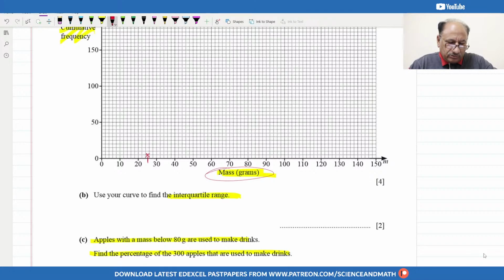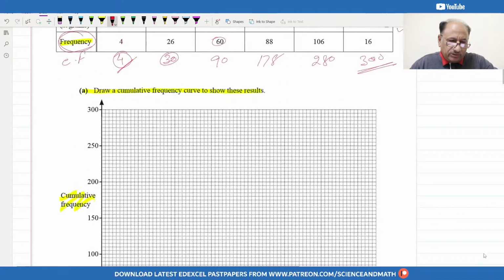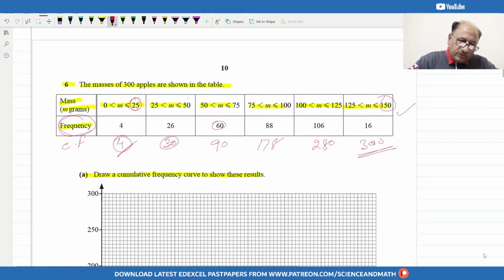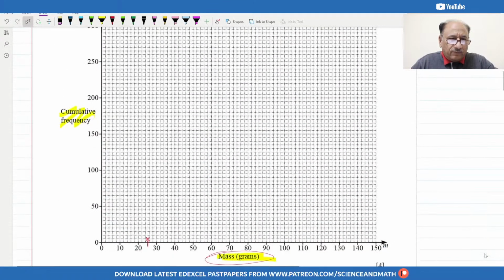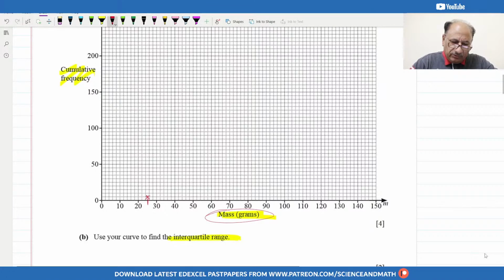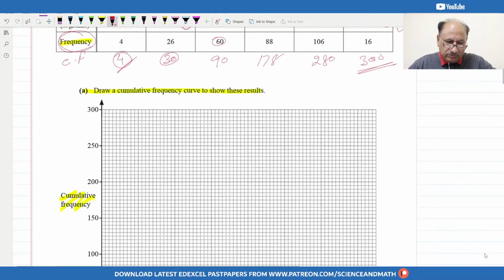The next value is basically 50. We will take the upper limit of the class, so 50 and 30, and 50 is this one, so 30 will be 6 boxes, 2, 4 and 6. So we have taken this mark, hopefully you can see this also.